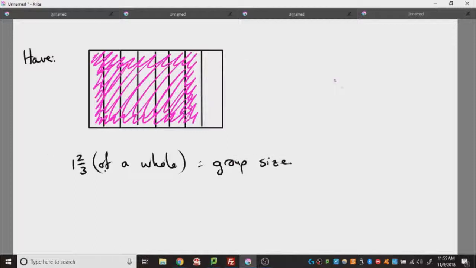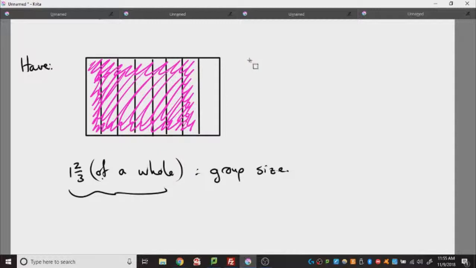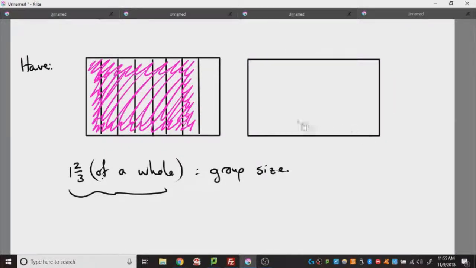Now you can do it somewhere else and figure out how many pieces will this be. Or I can just extend this to see 2 loaves of bread. Downside, I have to split this one up as well. I don't have it. I just want to visualize my group size.